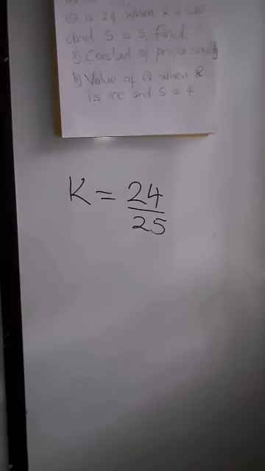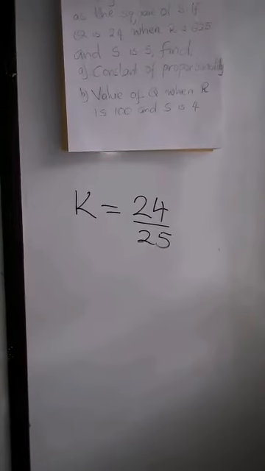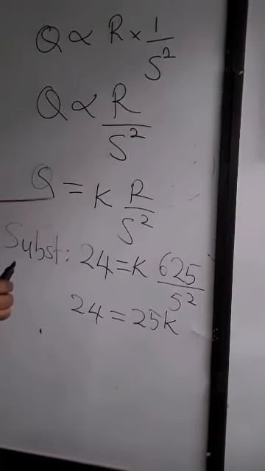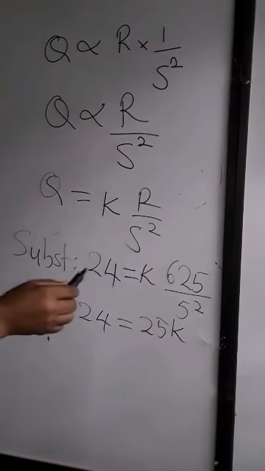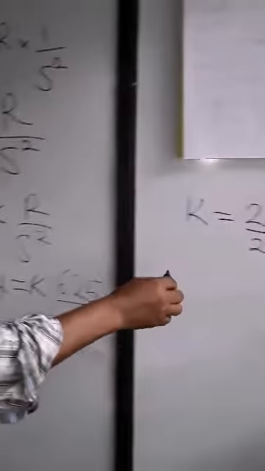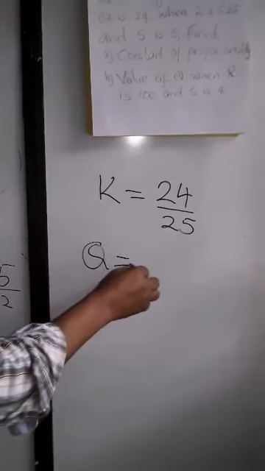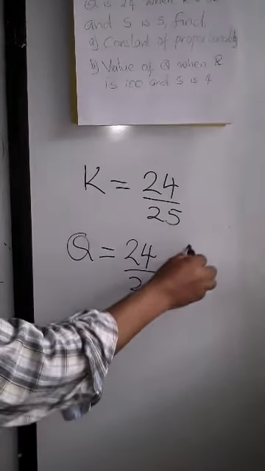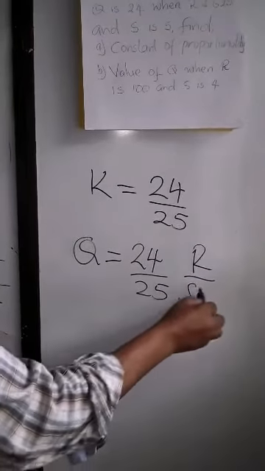Therefore, putting K on this general equation here, then we'll have that Q equals 24 over 25 R over S squared.